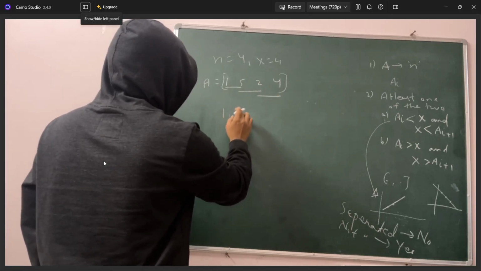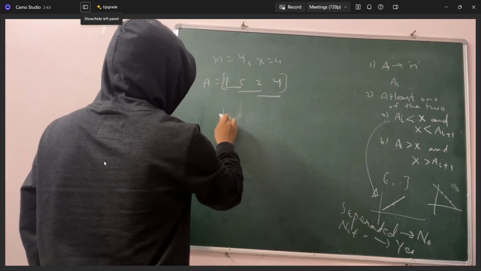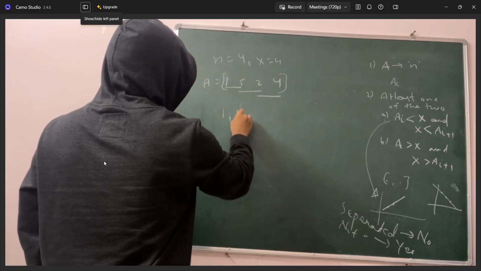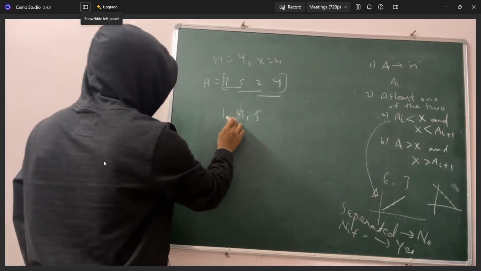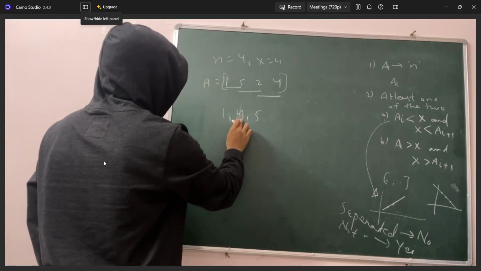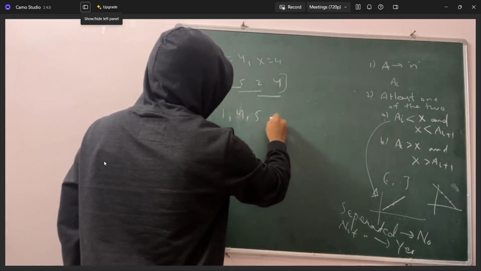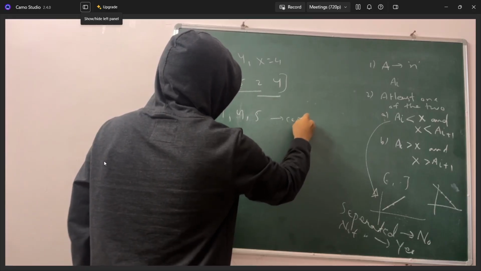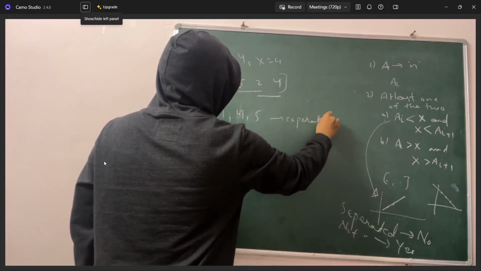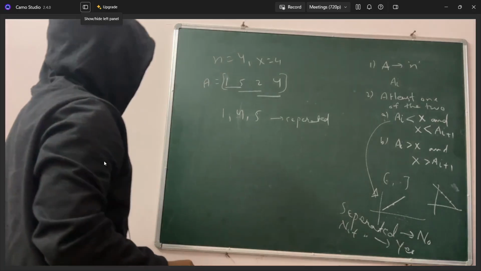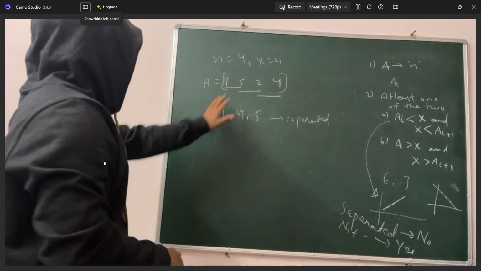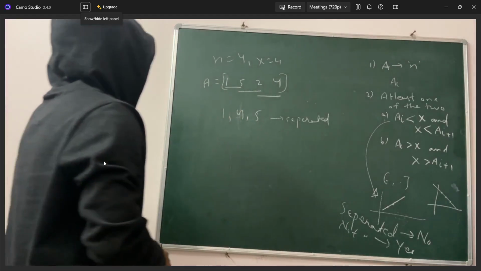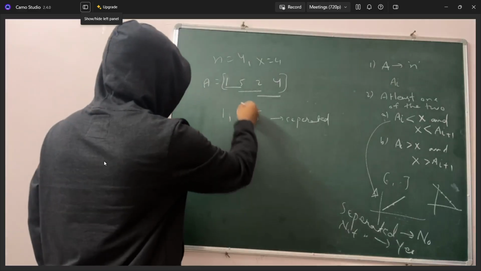Now x is 4 and the next element is 5, and the previous element 1 is strictly less than 4, and 4 is strictly less than 5. So it is separated. Since in the question we need an arrangement such that it is not separated, this is not a valid arrangement.